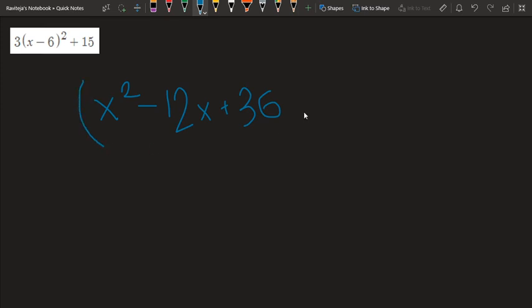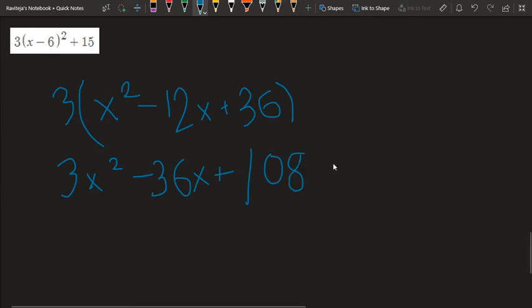Now that we found that by squaring the binomial, we want to distribute 3 to each term in this. So 3 times x squared is 3x squared. 3 times negative 12x is negative 36x. And then 3 times 36 is 108.